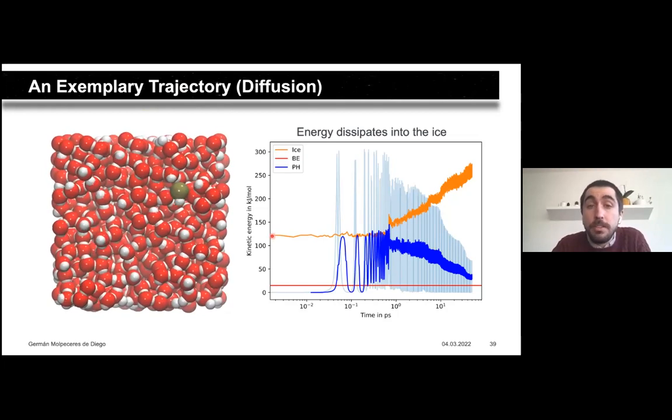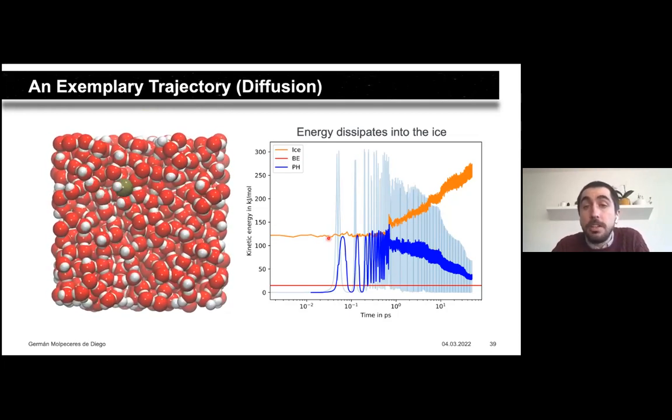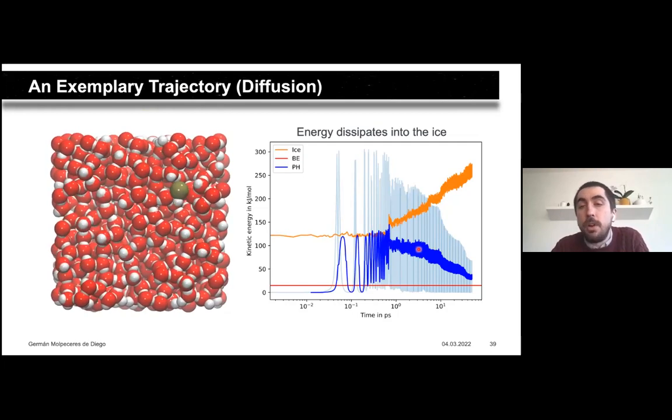So what we observe is that in the time frame of the simulation, most of the energy of the reaction is captured by the ice, which is presented here again in the orange line, and the energy of the nascent molecule starts to decrease. This means that after some time, the molecule will relax on the surface and it will start to move thermally very slowly, as I presented before.